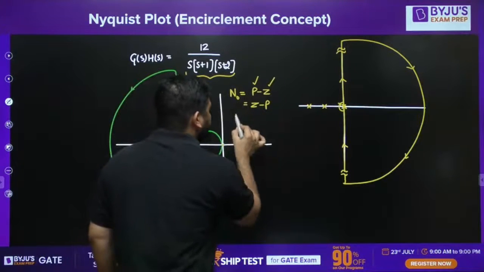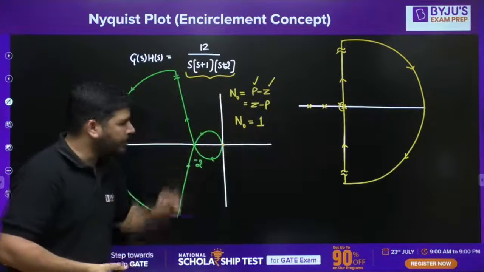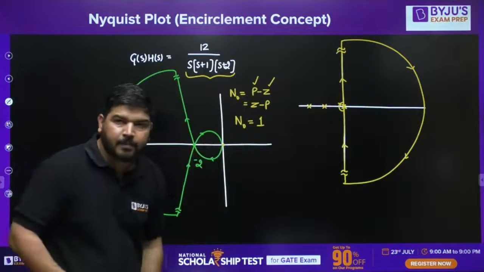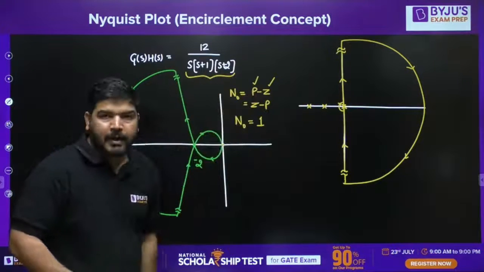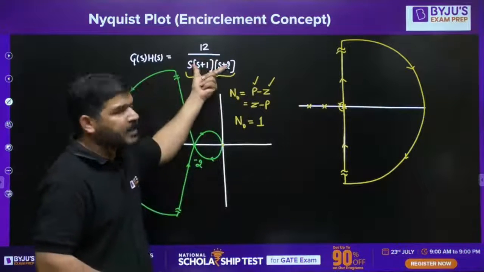So the number of encirclements of origin has to be 1. It's not visible here, but you can directly see that one pole is inside this contour and there is no zero inside this contour of G(s)H(s).